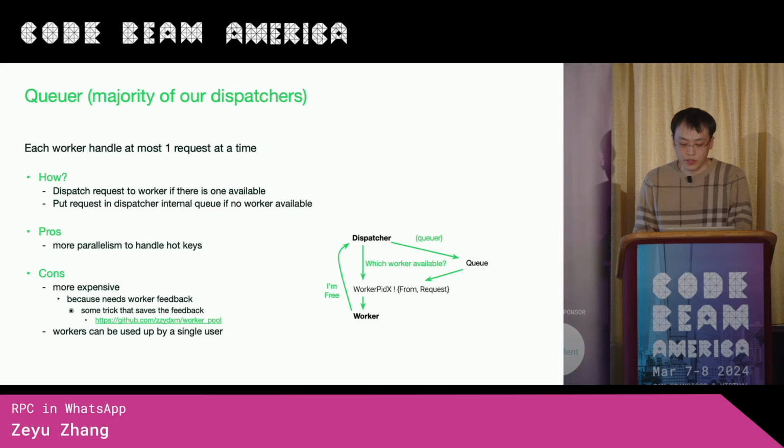It's only hard-to-understand code there, but if anyone is interested, we can talk offline. It's using atomics. And another drawback is that a single user can use up all the workers by sending many large requests, which is something we don't want to see. This is kind of solved in the next dispatcher type.